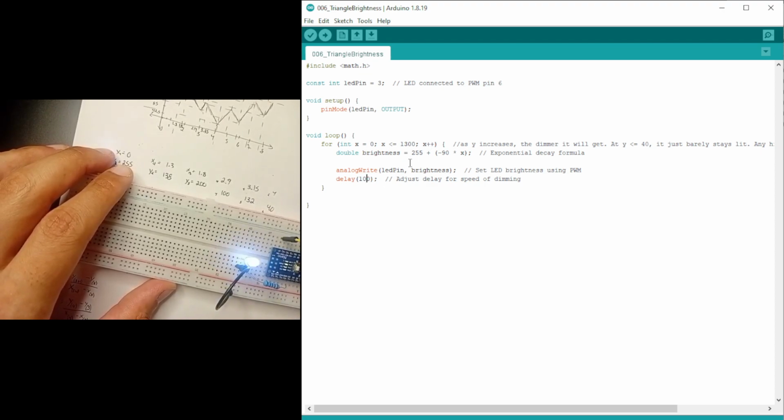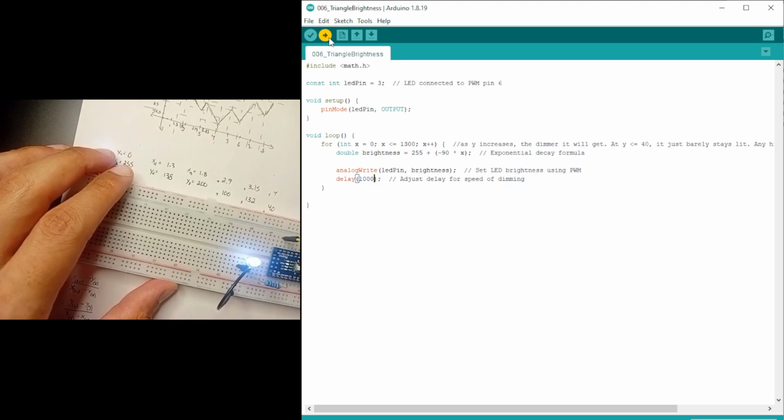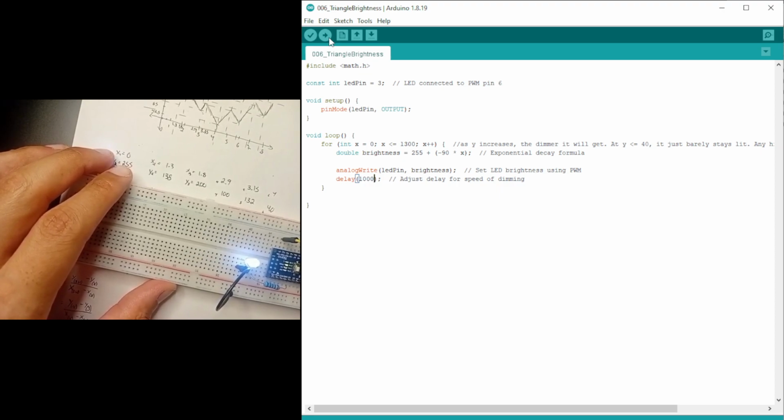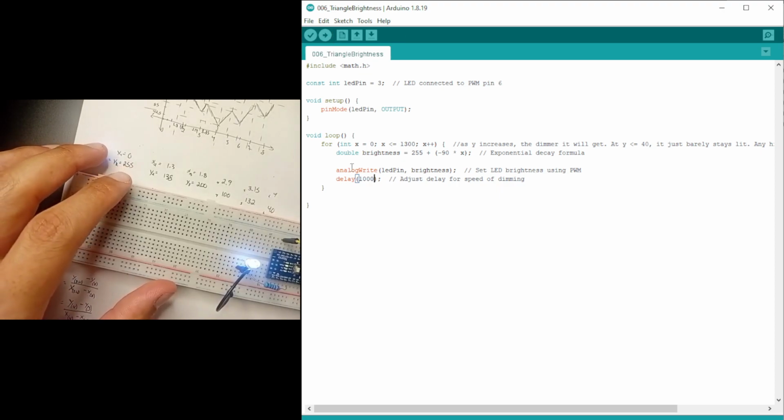If x increases linearly, I guess the delay should be, what, a second? Well, I guess technically 1300, right? Or, no, 1.3 seconds. But it's not exactly linear.